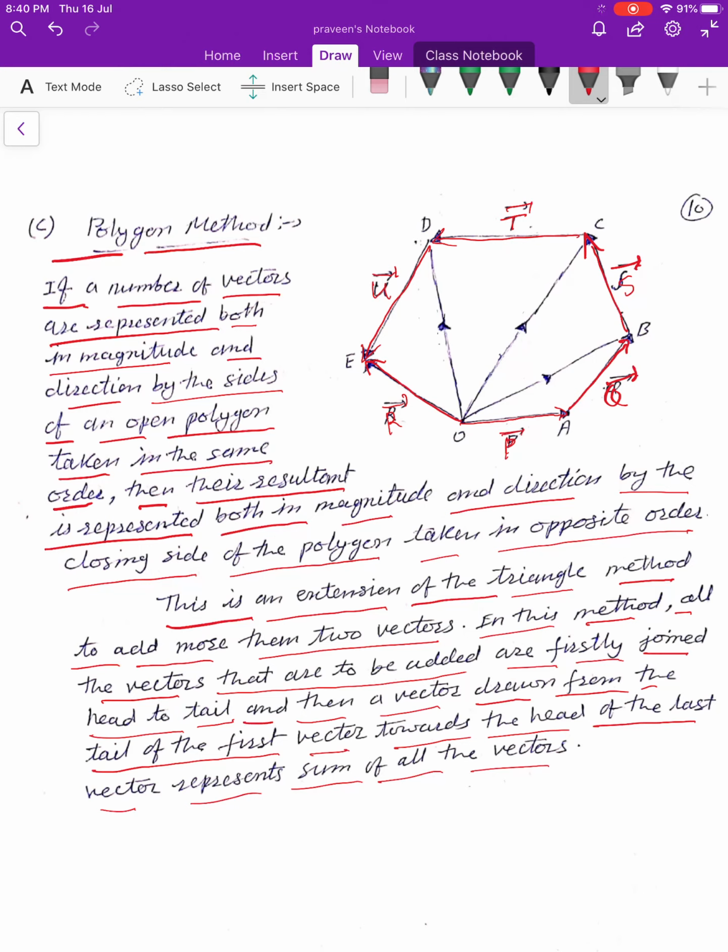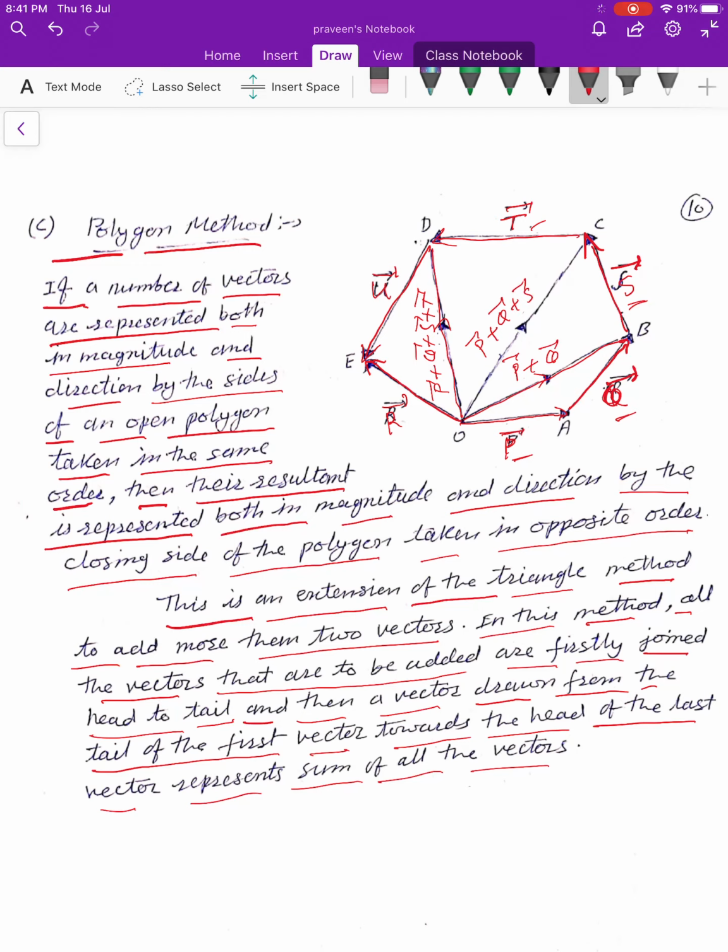Suppose P and Q vector are given, then the resultant represents P vector plus Q vector. If P, Q, S are given, then the resultant is P vector plus Q vector plus S vector. If P, Q, S, T are given, then the resultant is P vector plus Q vector plus S vector plus T vector.